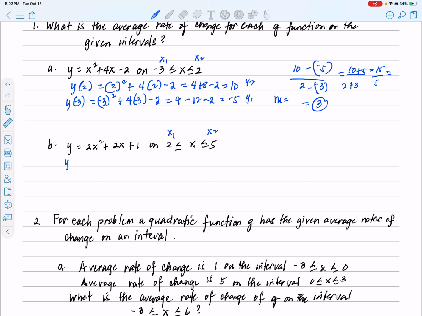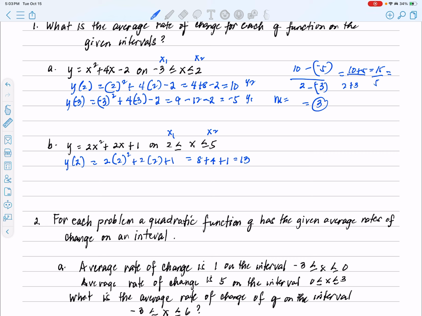So y of 2, that is 2 times 2 to the power of 2, plus 2 times 2 plus 1. So 2 squared is 4 times 2, that's 8, plus 4 plus 1, that's equal to 13.